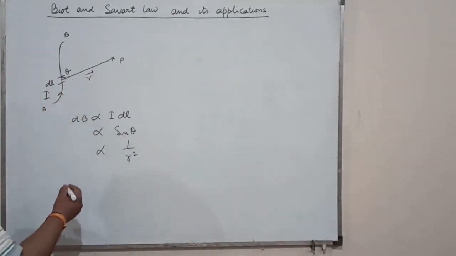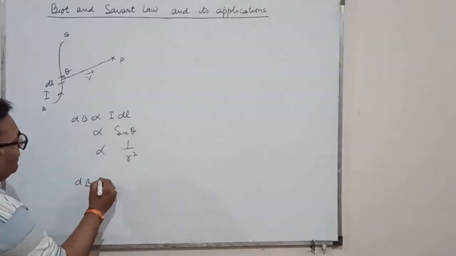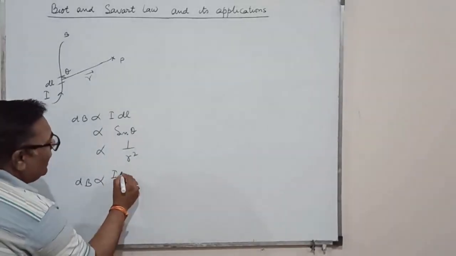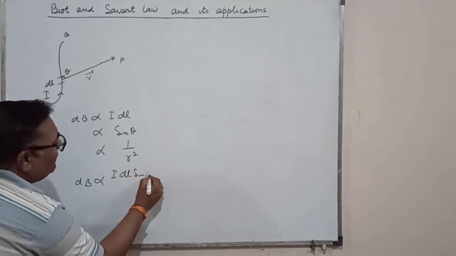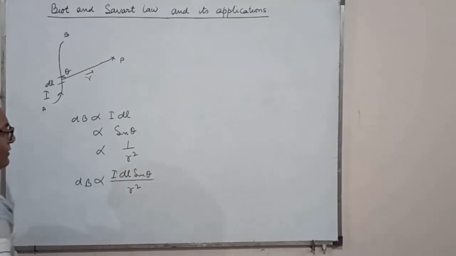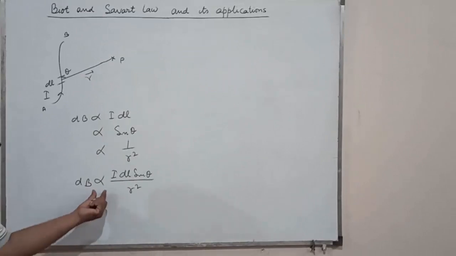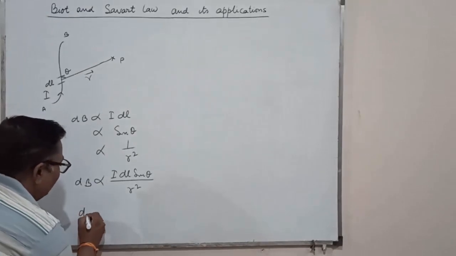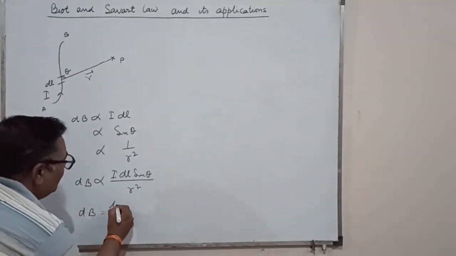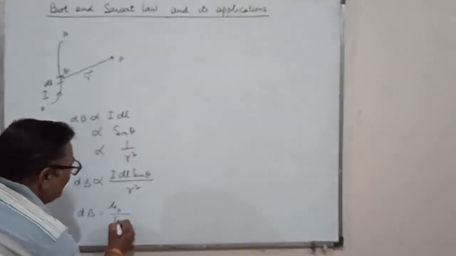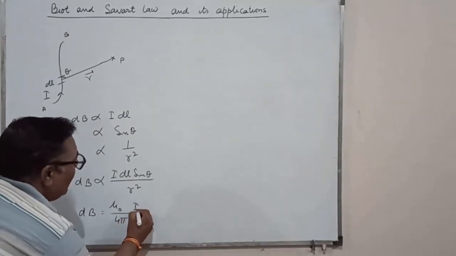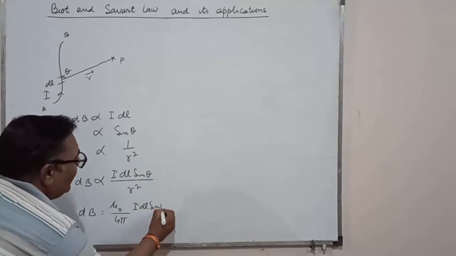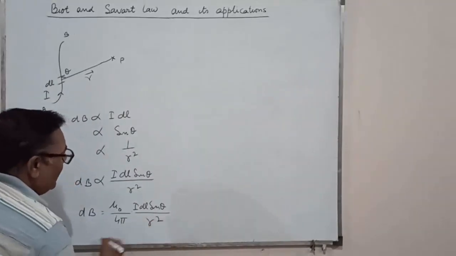Now combining all these, dB is directly proportional to Idl sin theta upon r square. As you know, whenever the proportionality sign is replaced by an equality sign, there is a constant. dB is equal to mu 0 upon 4 pi, Idl sin theta upon r square.